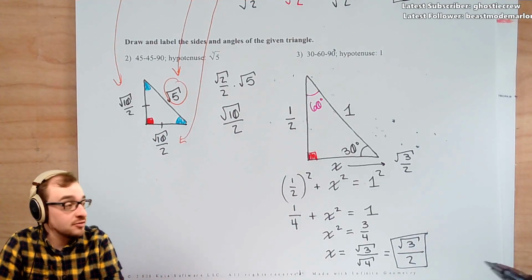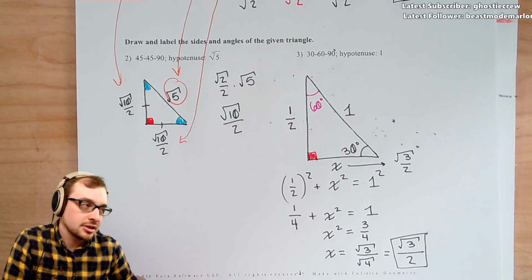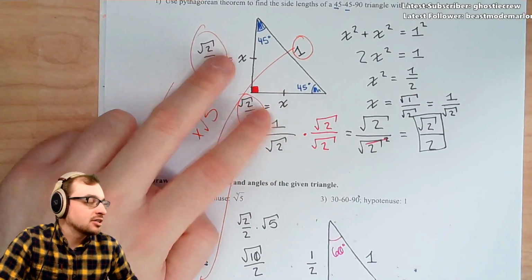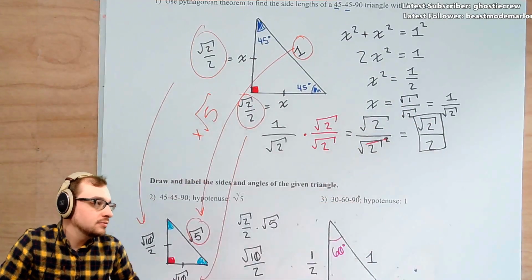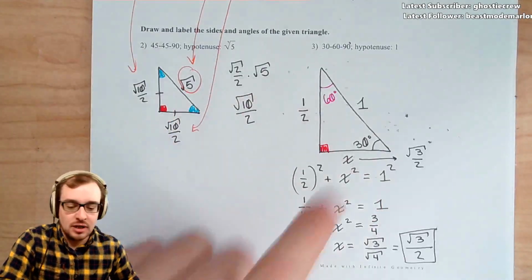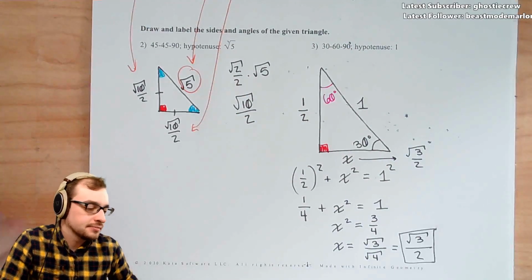You can memorize that, you can figure it out that way, or you can just do p-thag when you forget it. I almost always do p-thag just to make sure I'm right. This one, I can do p-thag to figure it out if I'm stuck, because I know these are both the same, right? Root 2 over 2. This one, I just have to memorize the opposite of 30 is half, right? Half the hypotenuse.